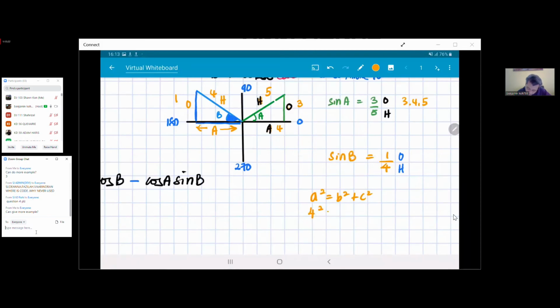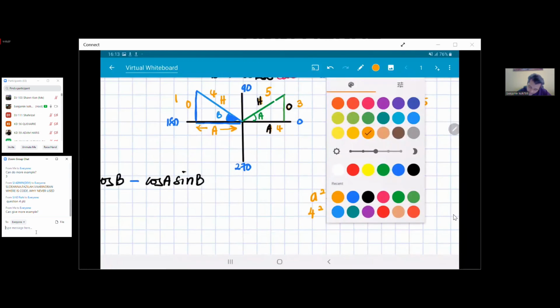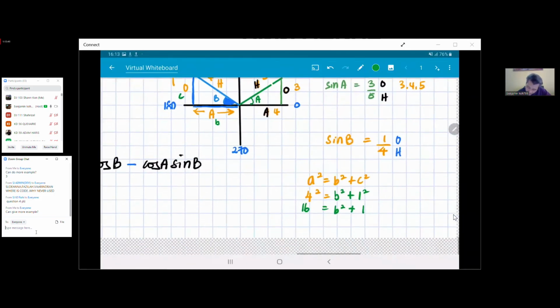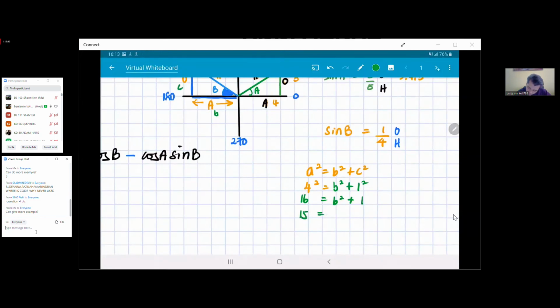So 4 square. The B, say for example, I use this A, this B, this C. So this will be B square plus 1 square. 4 square is 16, equals B square plus 1 square, which is 1. Move over, so it becomes 15 equal to B square. So that means B is square root 15.